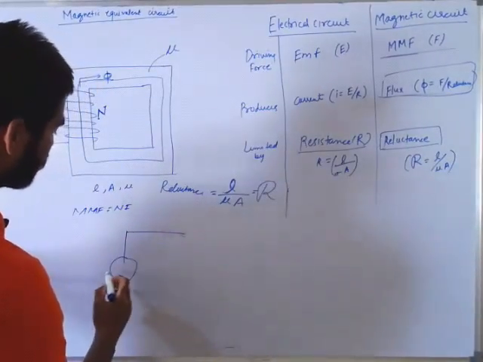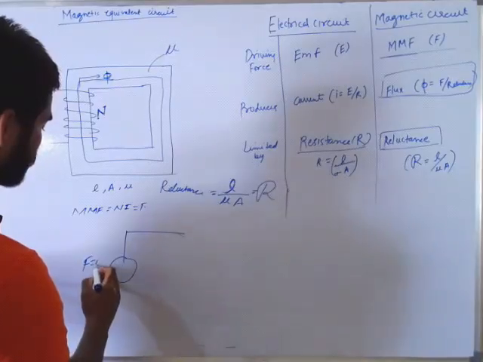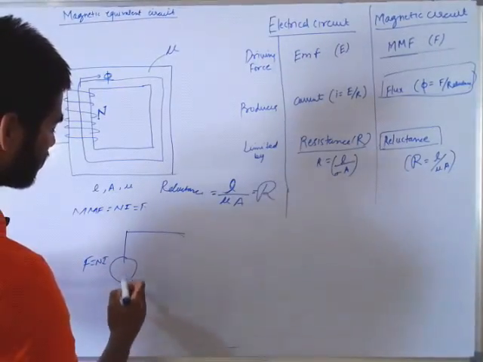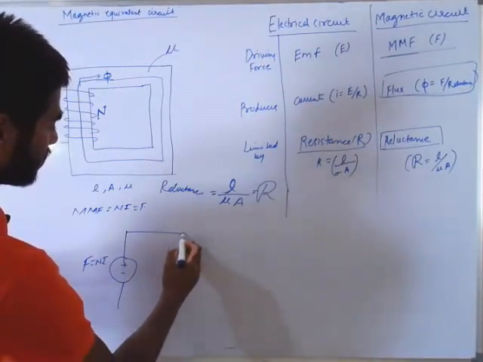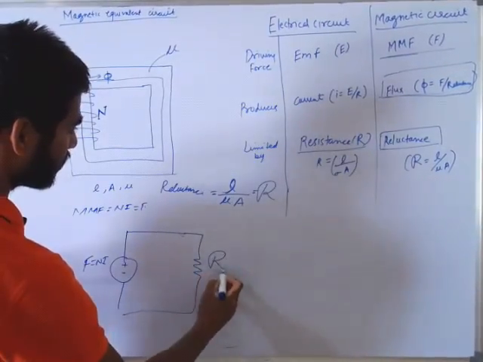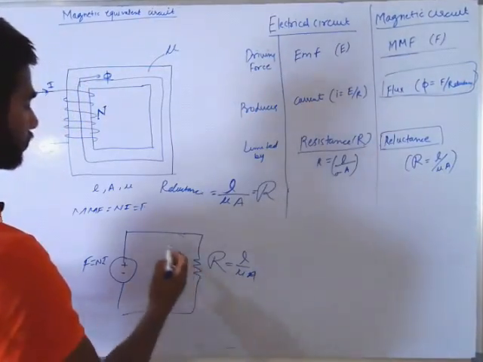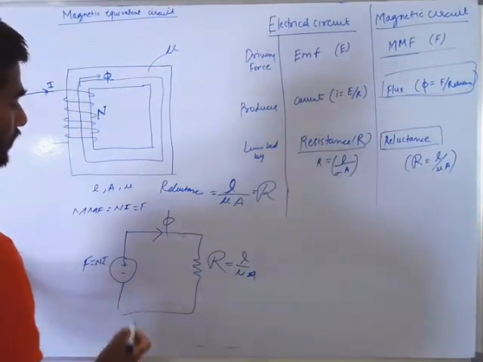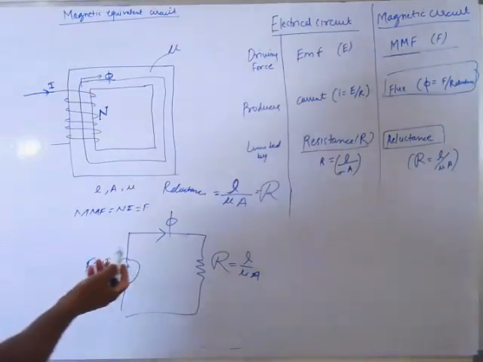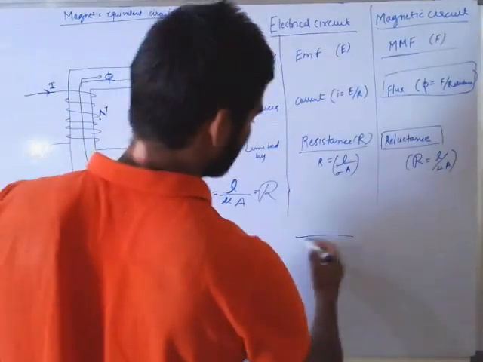This is the driving force Ni, let us denote it by F. F is equal to Ni, this is the plus-minus source, and this is the reluctance R, which is nothing but L by mu A, and this is the flux flowing. You can see how similar it looks to the electrical circuit.